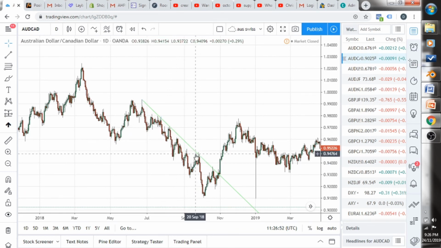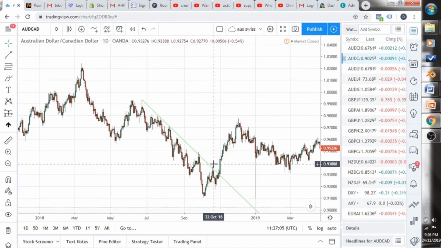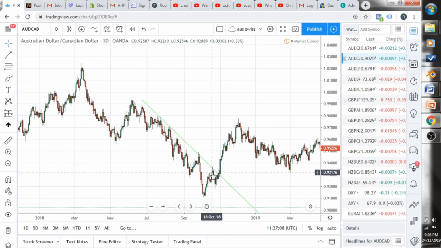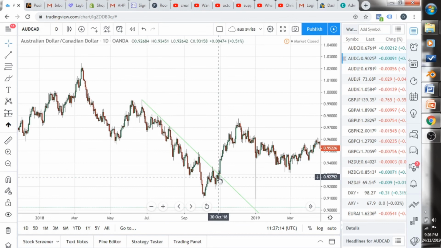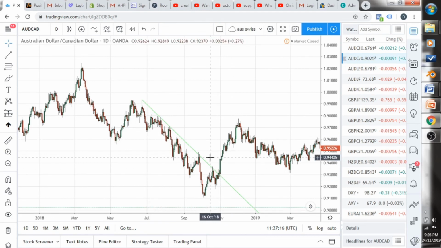Then another time as it comes up, it passes through, but it still holds. As you can see, price hasn't completely pushed through it, and after that, it just moved all the way down again. Then as it came up a fourth or fifth time, it tested it, dropped down, and then broke through again and created a change in direction of that price.